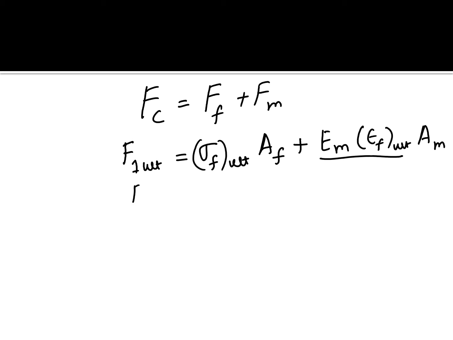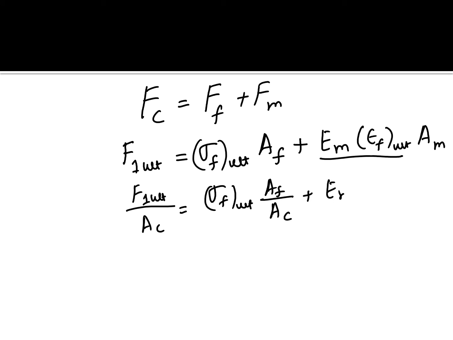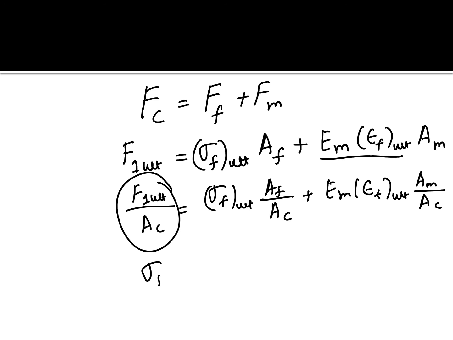Now I can take F1 ultimate divided by the area of the composite, and the reason I'm doing that is so that I can write this in terms of the volume fractions. This will be the ultimate tensile strength in the direction parallel to the fibers. This will be sigma f ultimate, and if we multiply by t and multiply by t, this will be the volume fraction of the fibers.